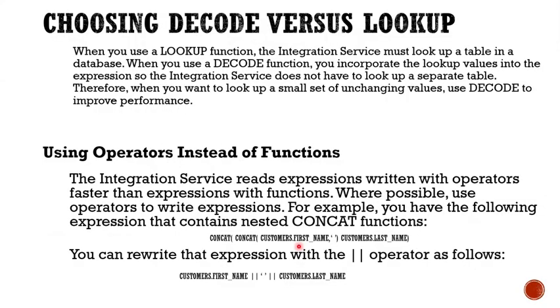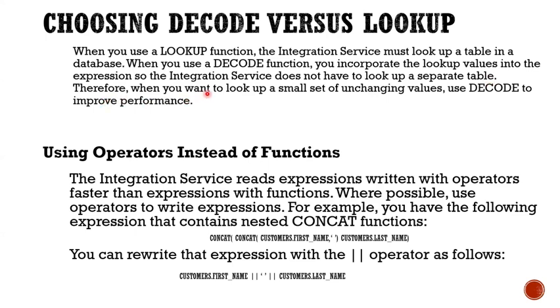Choosing decode versus lookup. In this slide, when you use the lookup function, the integration service must look up a table in a database. When you use the decode function, you incorporate the lookup values into the expression so that the integration service doesn't have to look up a separate table.